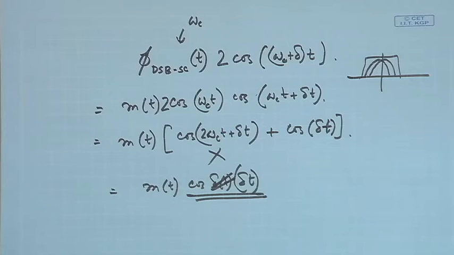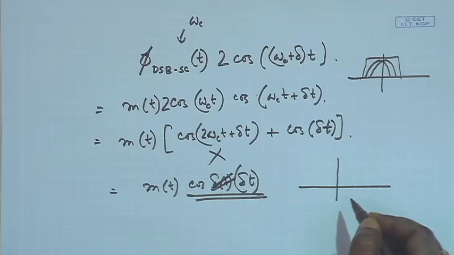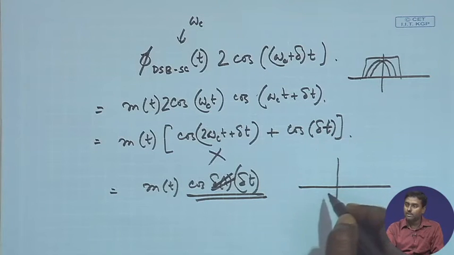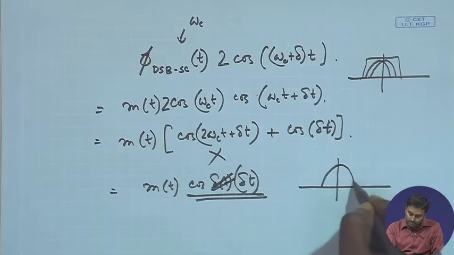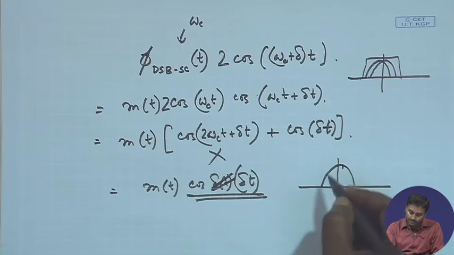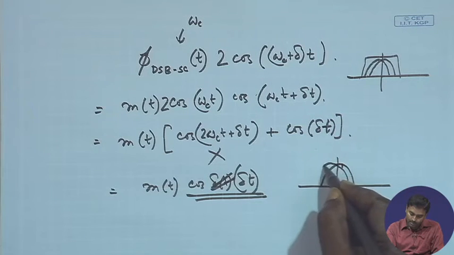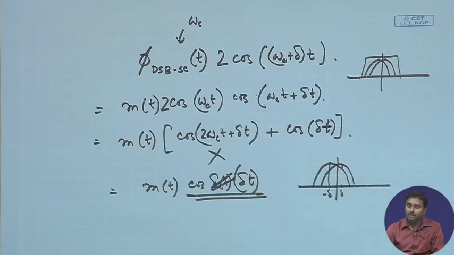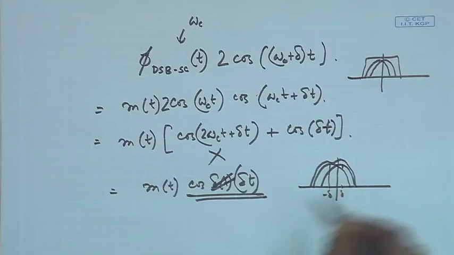The problem with this is, as you can see in the spectrum, because this delta is small, there will be only a small drift. So this is centered at delta and this will be centered at minus delta. The positive shift and negative shift will superimpose and generate a different kind of spectrum, which will completely change the overall signal quality, and I will never be able to separate that out.